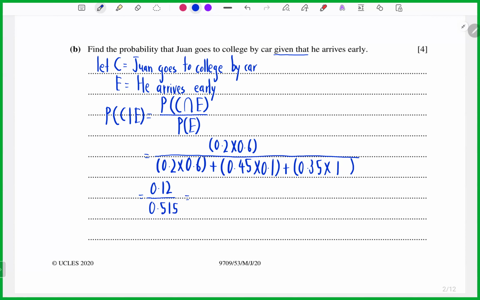So we can simplify, and you will get 24 over 103, or you also can write the answer in three significant figures, 0.233. So that is the answer for question 1.